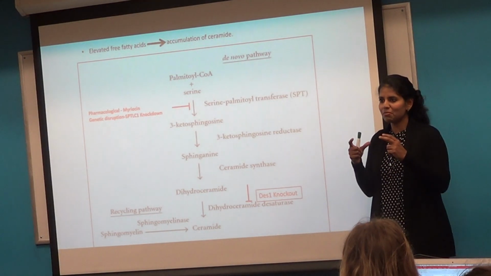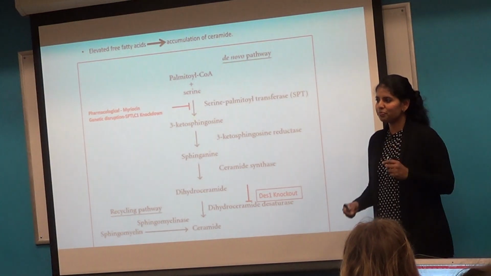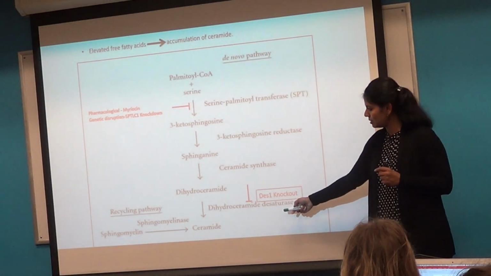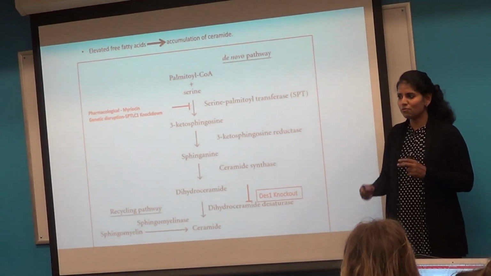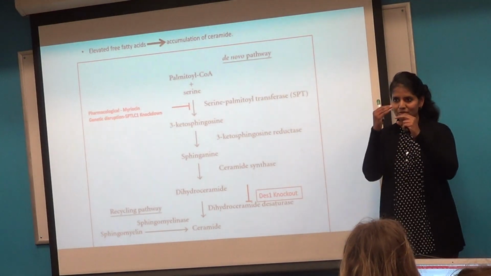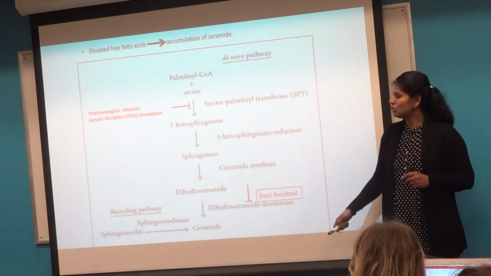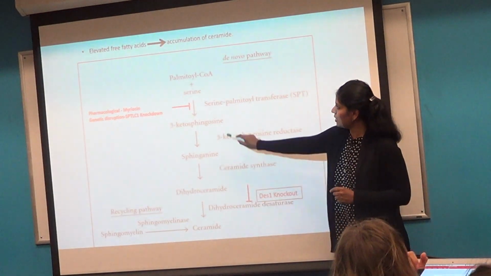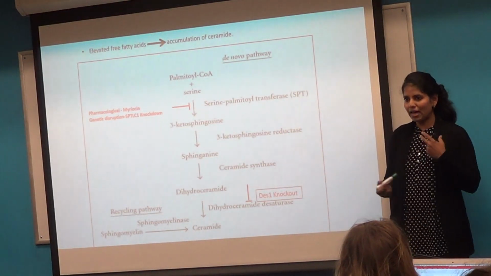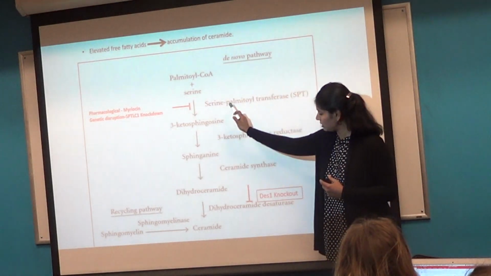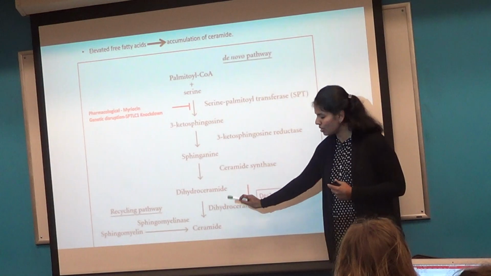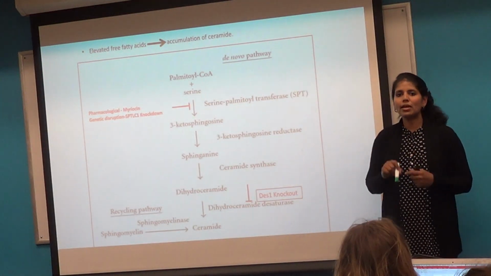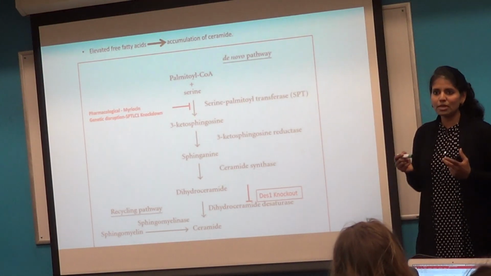For example, in this case, we stop the dihydroceramide desaturase enzyme from becoming a protein. We just stop its synthesis. So you can stop this and you can stop this. That's the path we took: stop the step where the inactive form is converted to the active form, and see what happens to the mouse. Okay, clear so far?